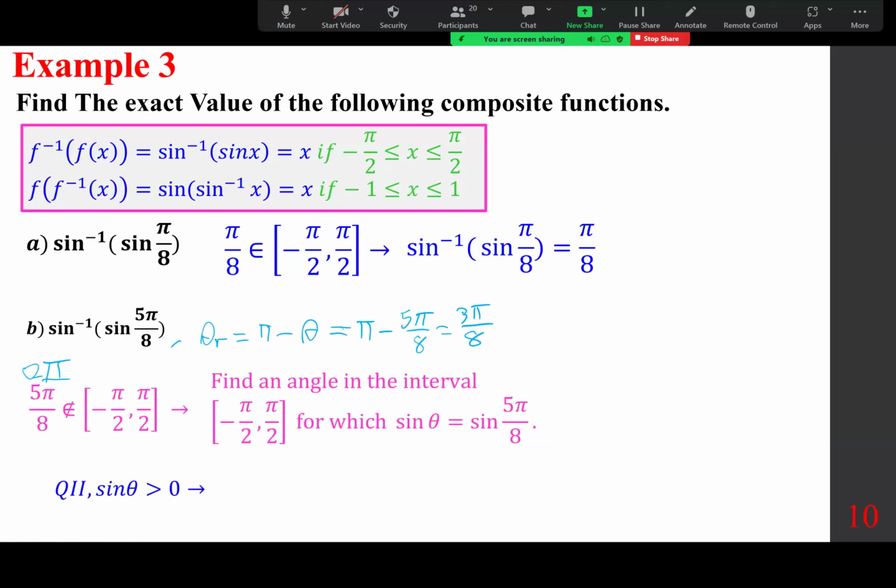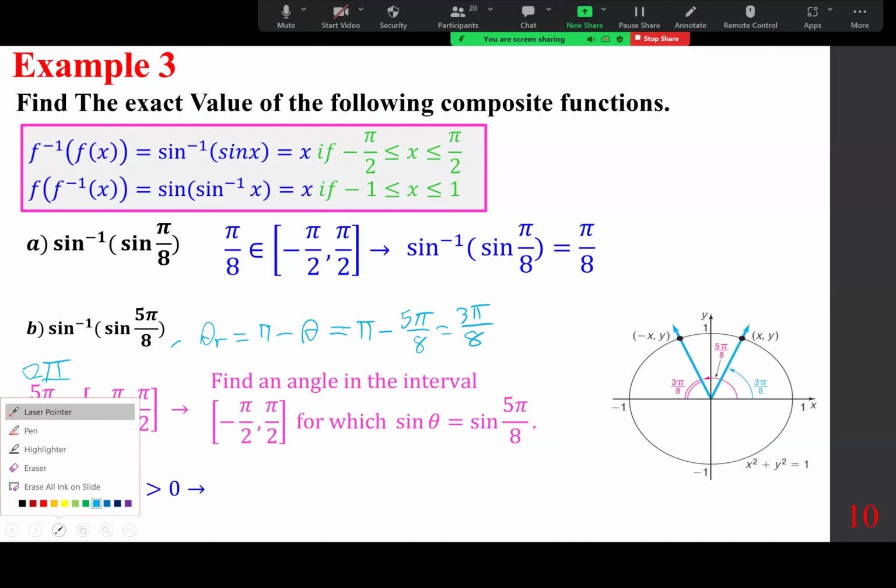However, if you want to look at it slightly differently, in quadrant 2, as I mentioned, the sine is positive. So if this is 5 pi over 8, this angle is 3 pi over 8. This is theta. This is the reference arc.